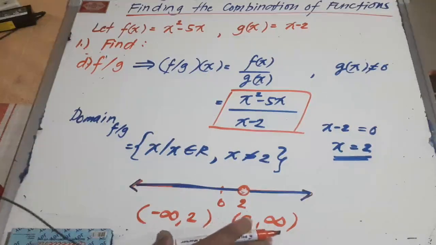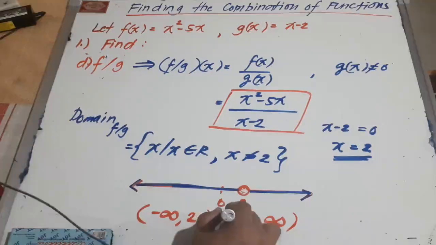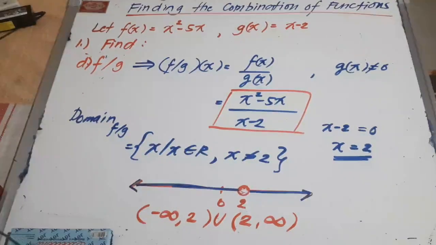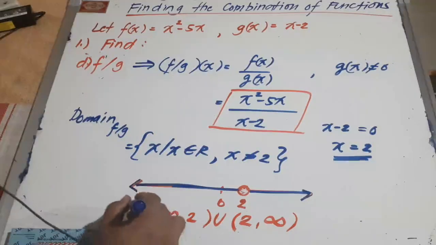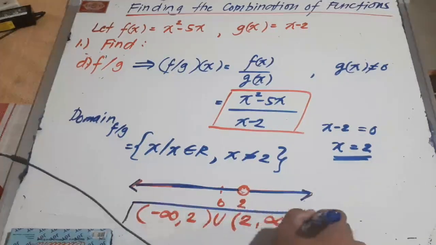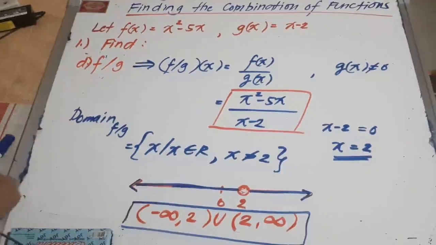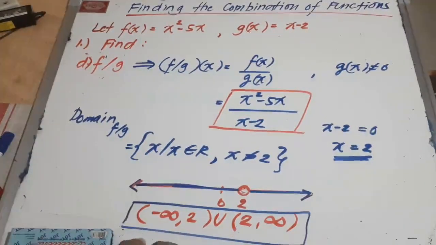So therefore, the union of these two will be the equivalent domain of this resulting function. And this is in interval notation. Okay? So ito yung interval notation, ito yung set builder notation natin. Okay, thank you.